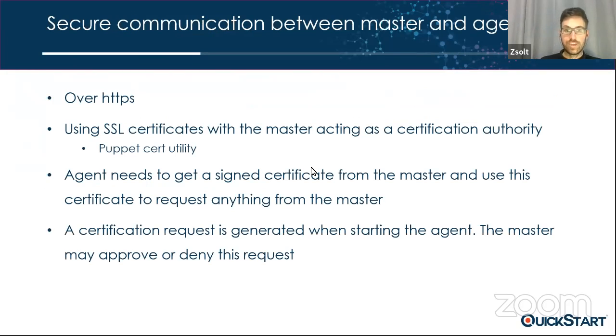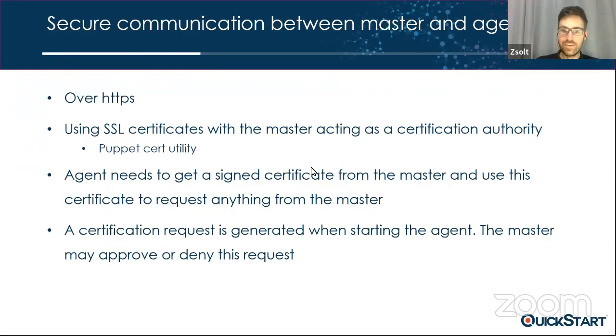So secure communication, I talked about it, that there needs to be a certification process in there. So we're using SSL certificates. The Puppet master acts as a certification authority. There is a cert utility in Puppet that you can use, and this certification utility gives a signed certificate to the agents. And whenever the agent sends some communication, remember the facts, for instance, the certification information is also there.